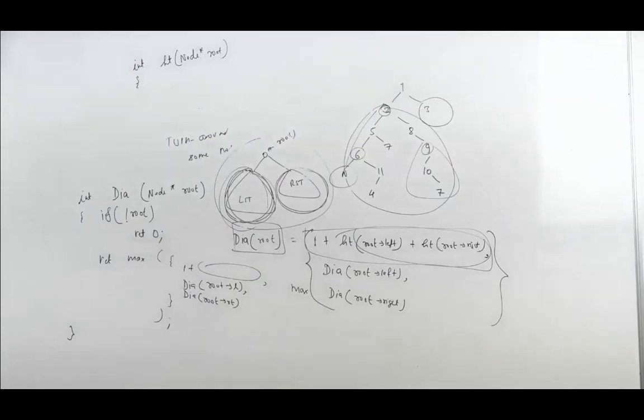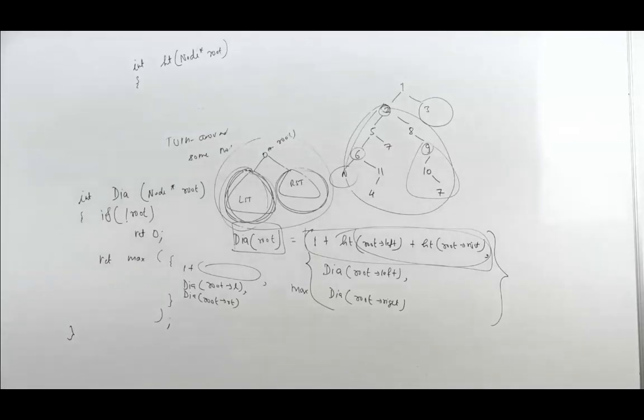Okay, great. Can you talk about the time complexity here? If there are n nodes, how many operations are we doing? Okay, 2 people are saying n square.